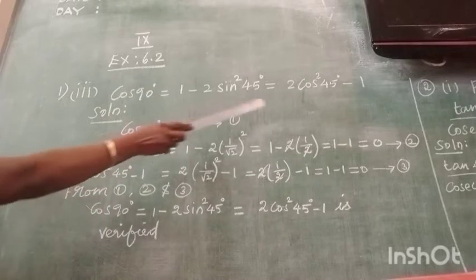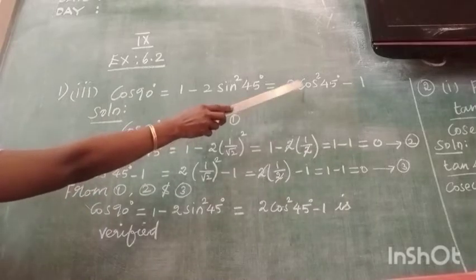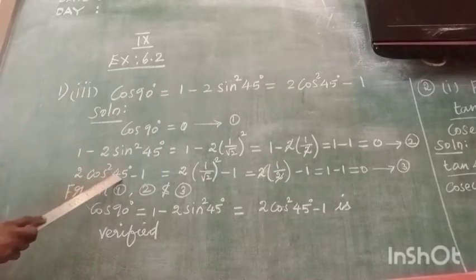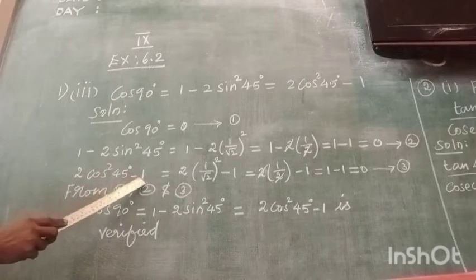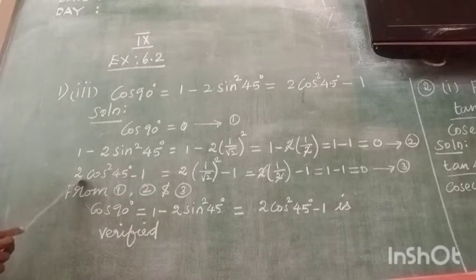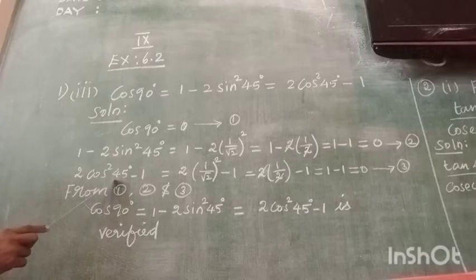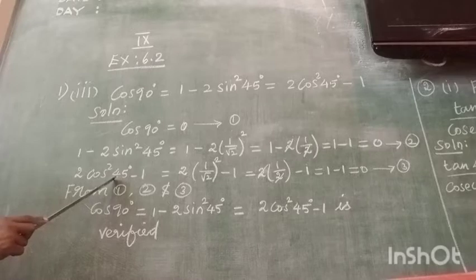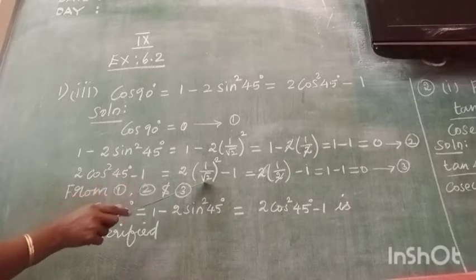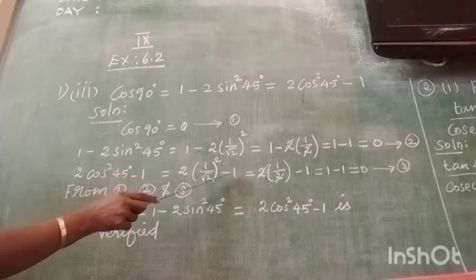Next, the third term, what is given? 2 cos square 45 degree minus 1. That is equal to 2 into cos 45 degree. What is the value of cos 45 degree? Sin 45 degree and cos 45 degree are the same value, that is 1 by root 2. So 2 into 1 by root 2 whole square minus 1.